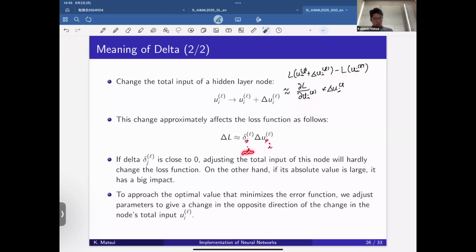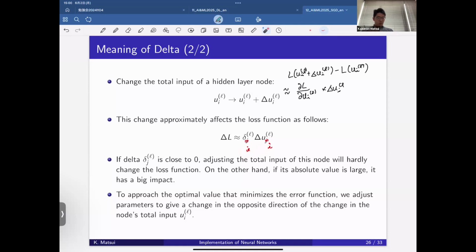even if we adjust the total input of this node, the loss function will hardly change much. On the other hand, if the absolute value of small delta is large, just a small change in capital delta U will cause the value of the loss function to change greatly.